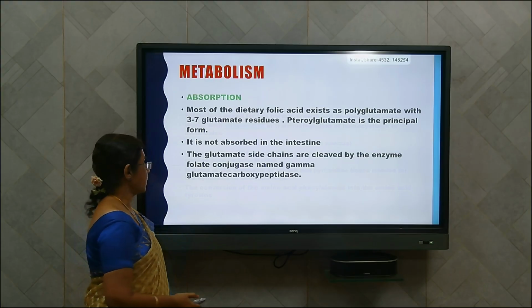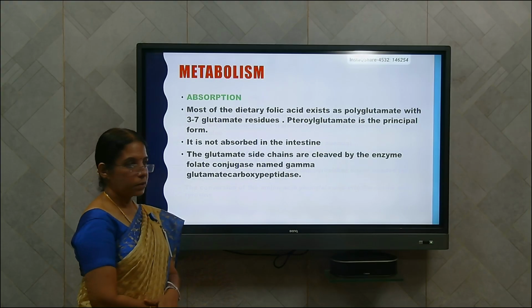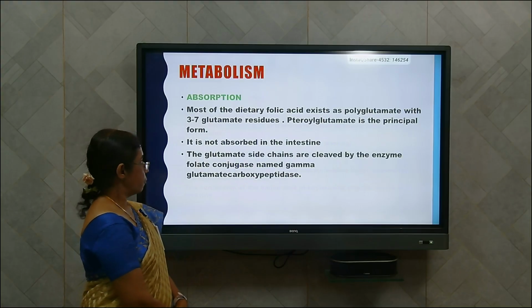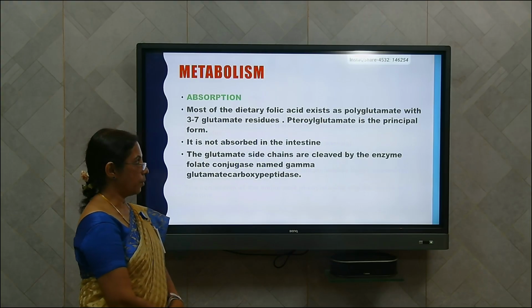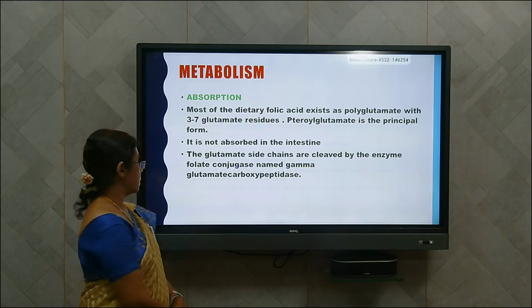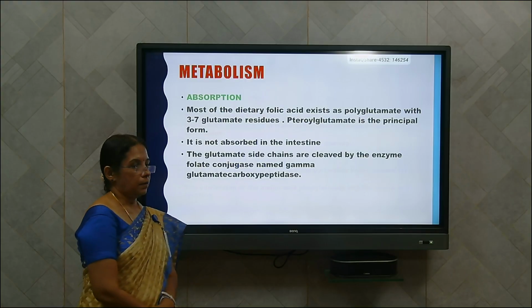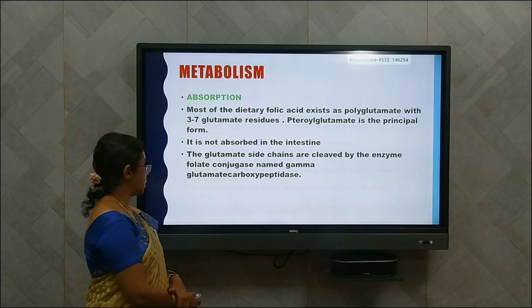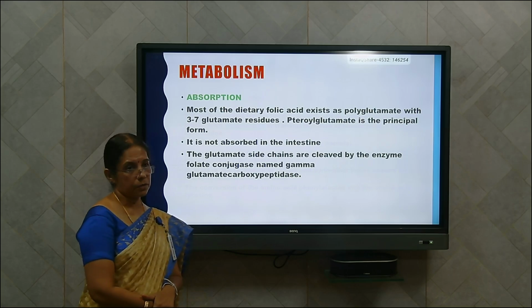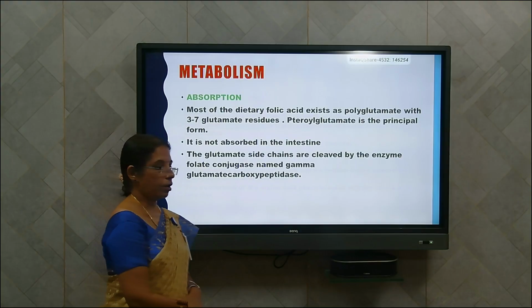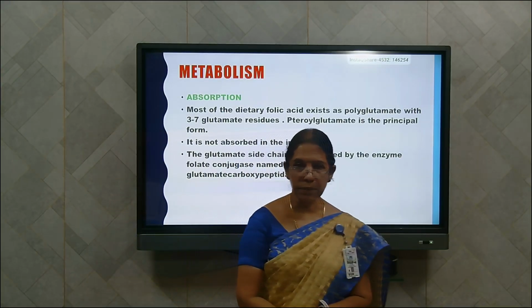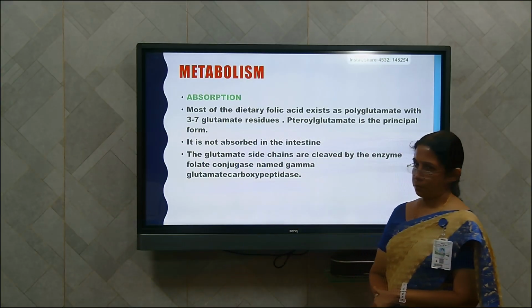Then coming to the metabolism of folic acid, folate is present in the food as polyglutamate. This actually exists in 3 to 7 glutamate residue states, and this polyglutamate will not be absorbed as such, and it has to be hydrolyzed before absorption.